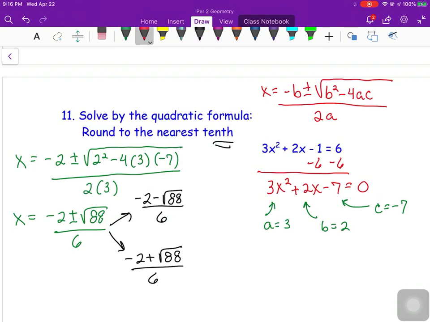When you put this into your calculator, do not forget, you'll need to put a parenthesis around the whole top on each one of these. So the top one, to the nearest tenth, comes out to be negative 1.9. The bottom one comes out to be positive 1.2. And yes, you will have to know that formula.